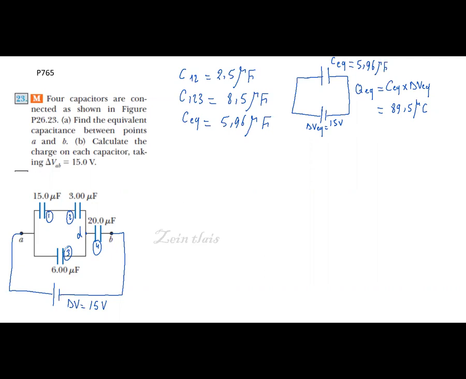Okay, from this figure here, we calculated C equivalent of this one. This one, we have C123. This capacitor is in series with C4.